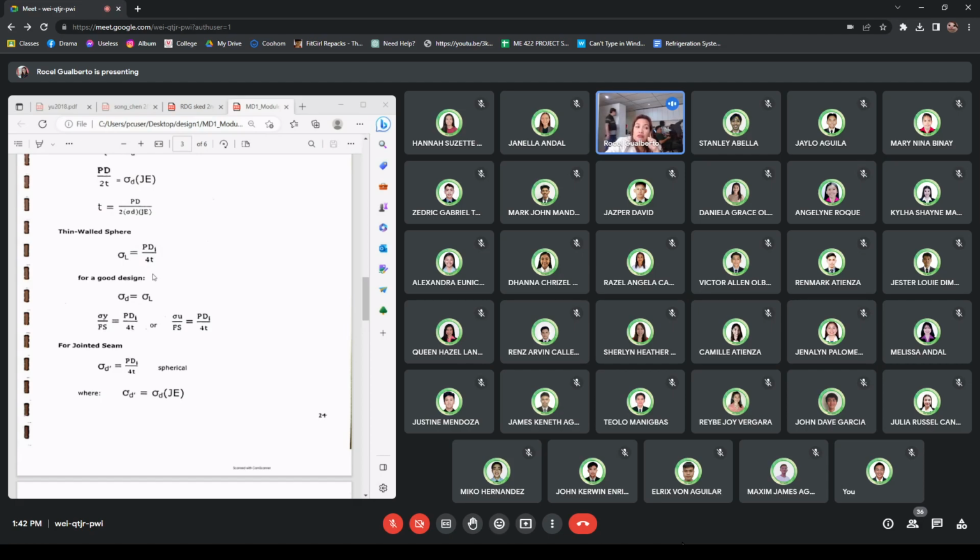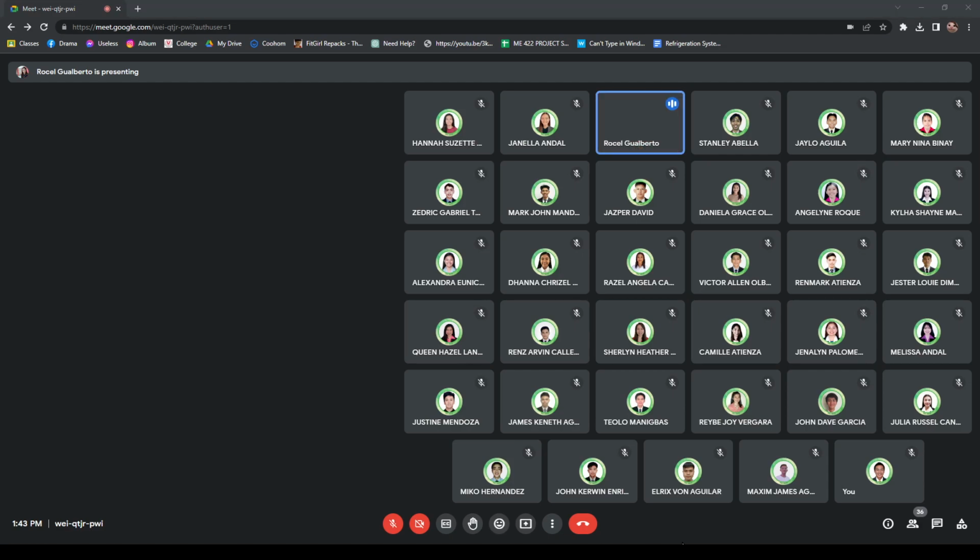This time po, if it's spherical, it's PD over 4T. And just the same po, if you are given a joint efficiency, instead of the design stress, ang gagamitin po natin would be the lower design stress. Okay? So to lower the design stress, you multiply it by the joint efficiency to be equated to your induced stress. Okay? So, iyan po.